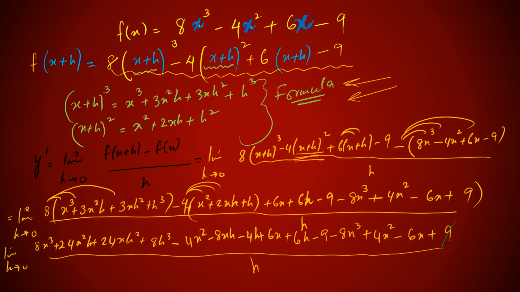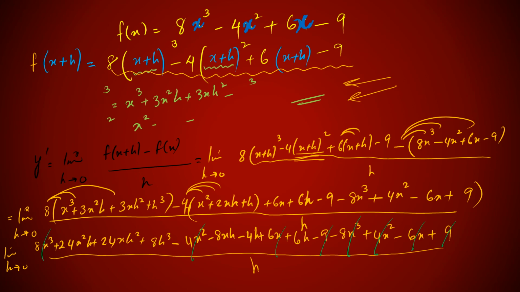So you can see plus 9 and minus 9 cancel, minus 6x and plus 6x cancel, 4x square and negative 4x square cancel. Similarly, negative 8x cube and positive 8x cube are cancelled. Now, since I have less space, let me erase this part.